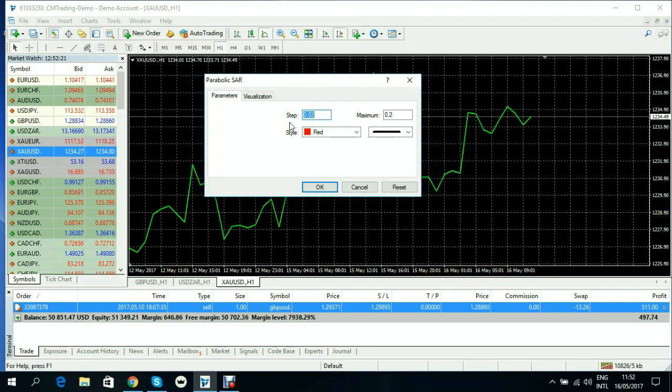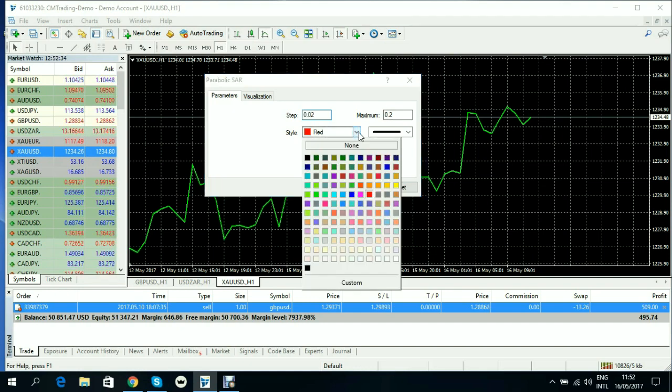So the parameters for the Parabolic Sar, the step is 0.02 and the maximum is 0.2, and then the style, which is the color.